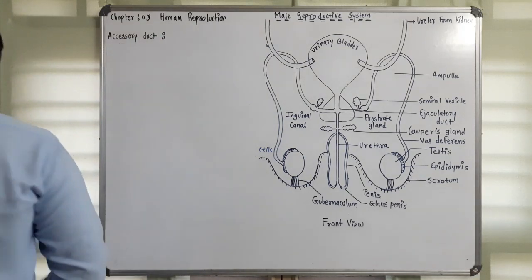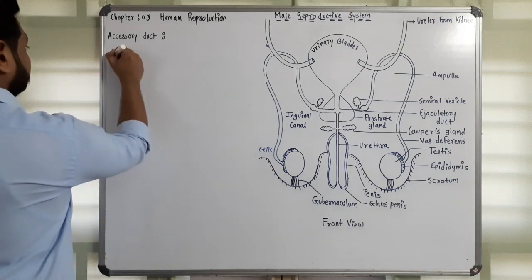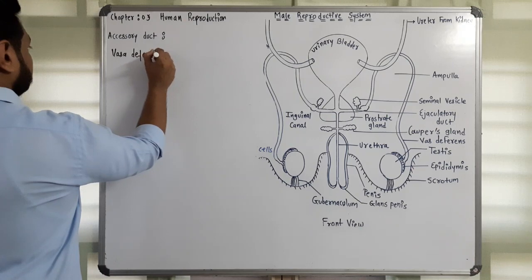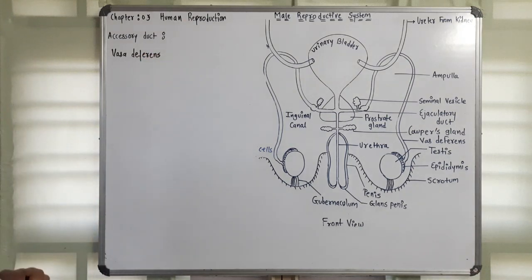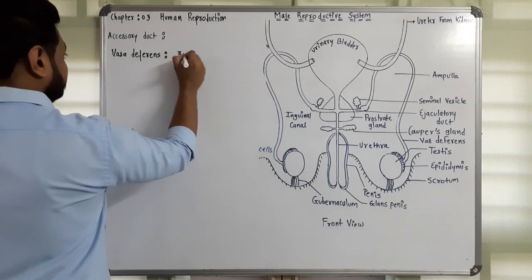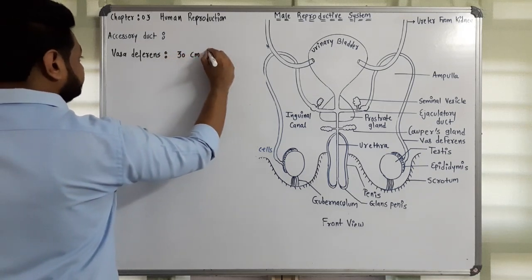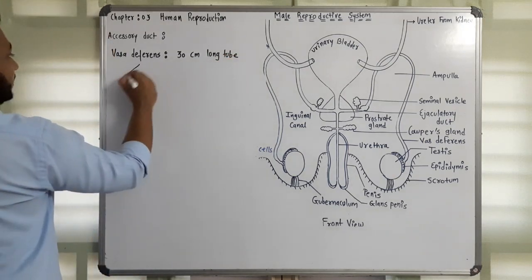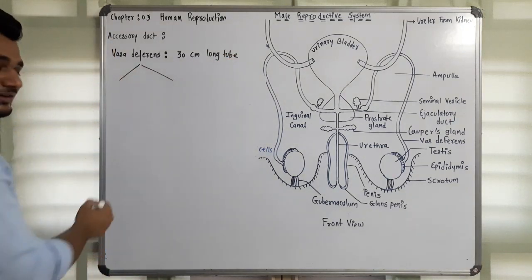Now talking about the vasa deferens, it is a 30 centimeter long tube, and it also has two layers.